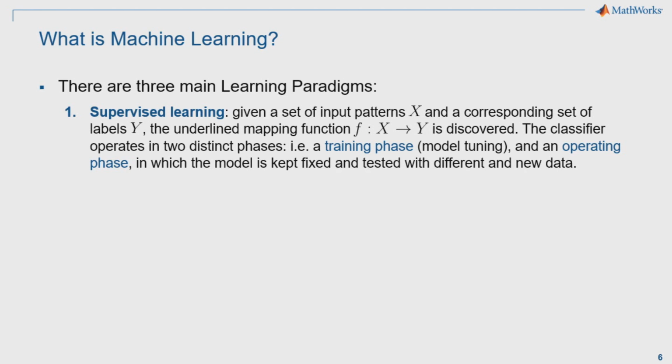So there are three main learning paradigms in machine learning. The first one is supervised learning, from which we want to learn relationships between an input and an output. Typically we have data, some input patterns called capital X, and we also have the labels for these data, which are the outcomes that we want to obtain through our prediction model.